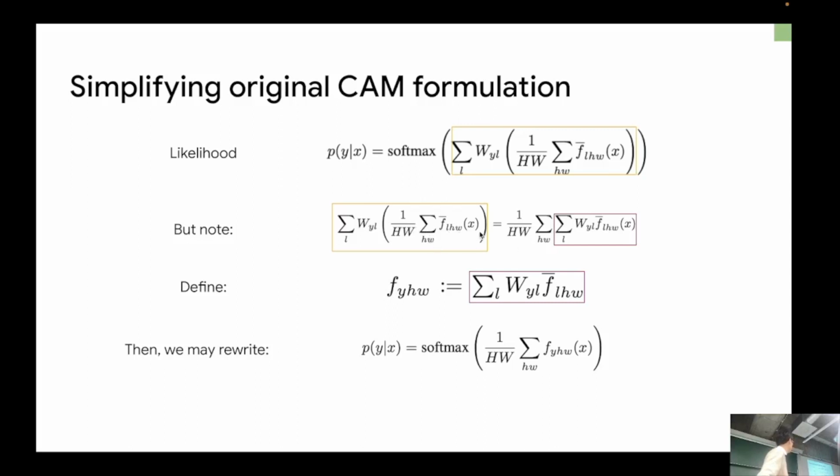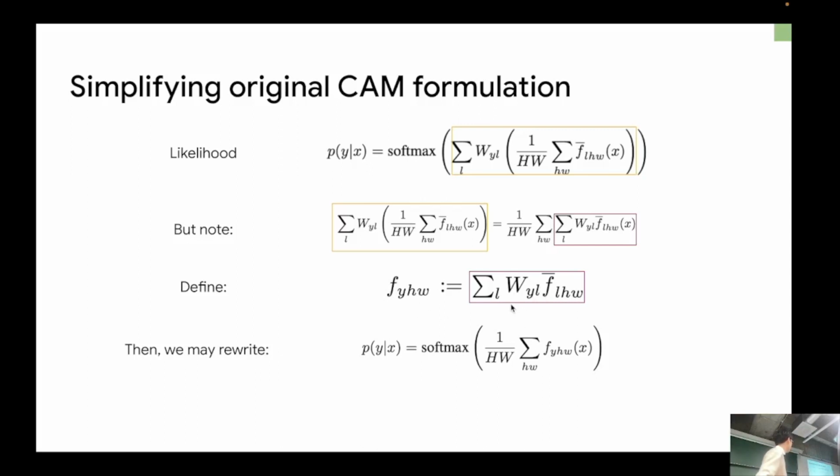So you can take this summation over L and multiplication with W_YL inside the inner summation, and that's going to give you something like this. And here we can define the inner summation and multiplication as a new feature map given by F_Y(H,W). Each Y is basically the result of doing the dot product between W_YL and F_L(H,W), where L is the running index.